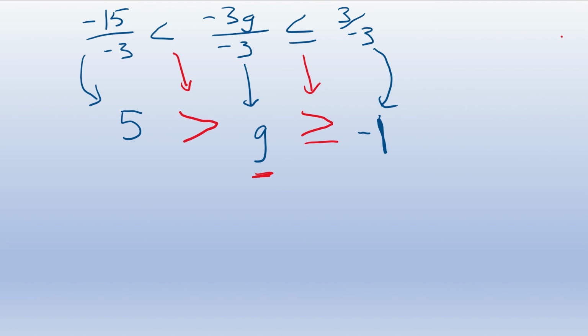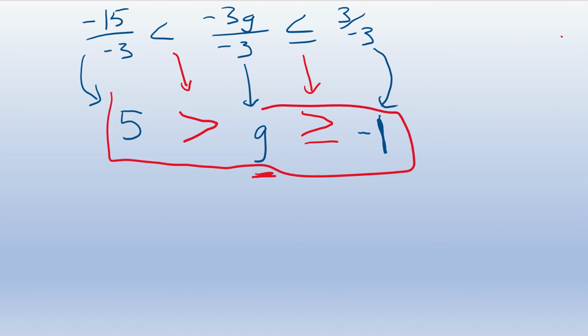Seeing as you've isolated g on its own in the middle and you've done your maths correctly, that right there is your answer. So you know that g is a number in between 5 and -1.